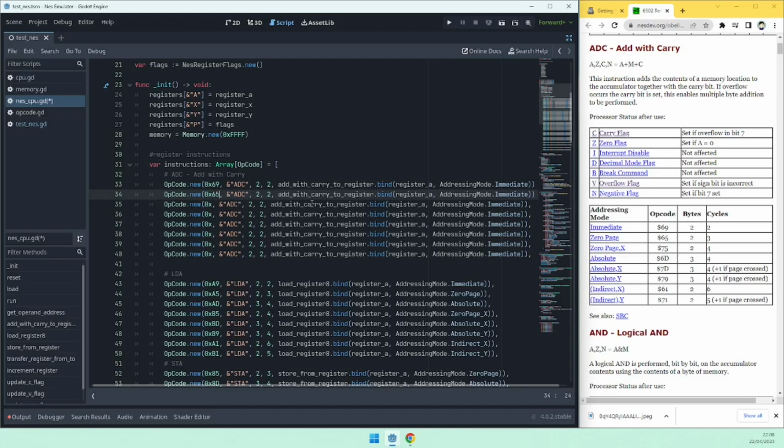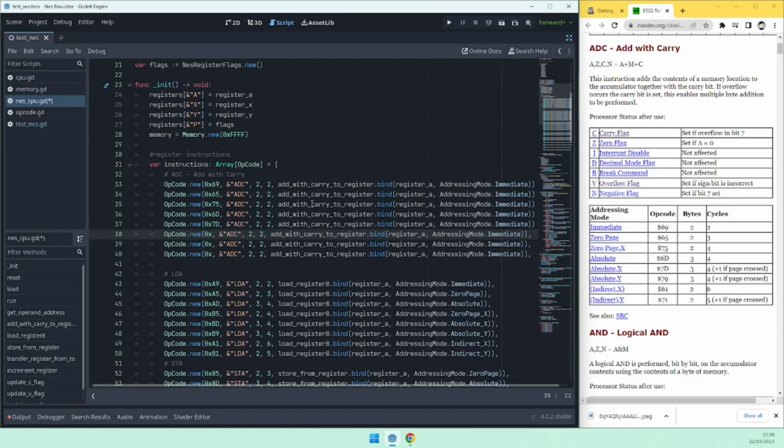It's 65, 75, 6D. Actually, it's using uppercase here. I don't like that I am mixing uppercase and lowercase.